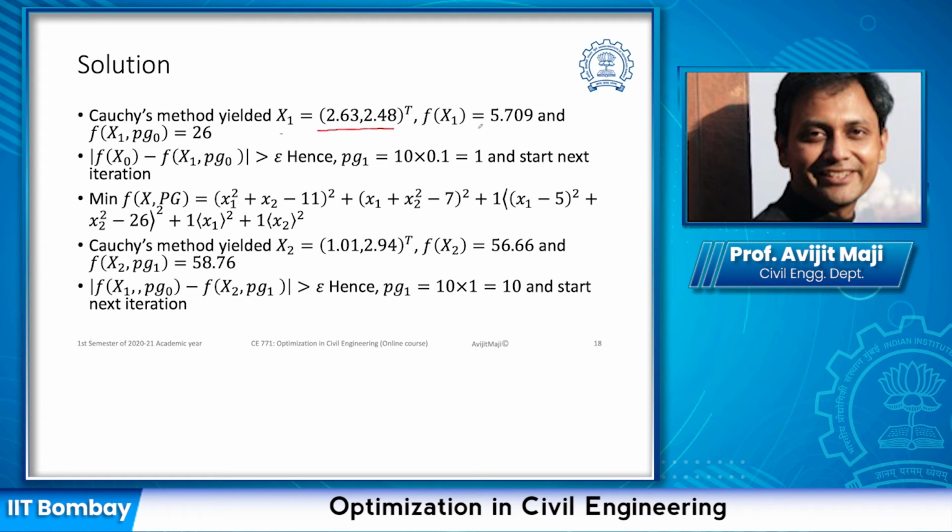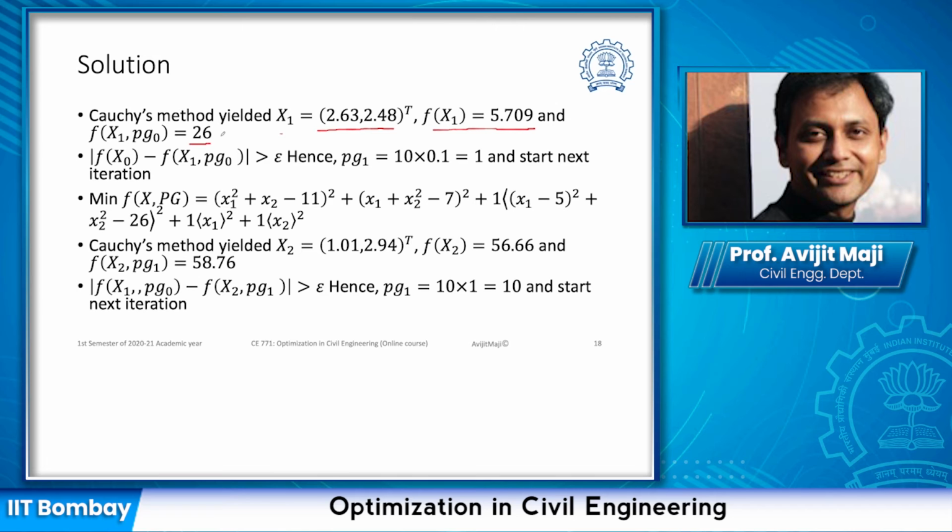At this point, the original objective function value is going to be 5.709, which is quite an improvement over the previous point, when we looked at the objective function value at 0, 0. And the transformed objective function value is going to be 26. Here also we do see certain improvement.